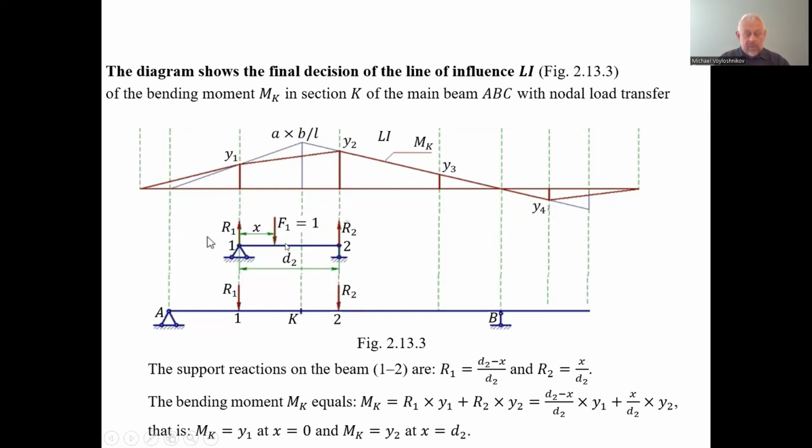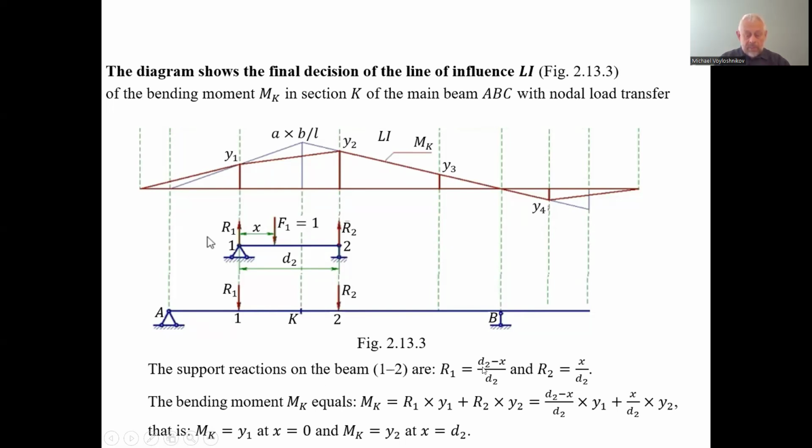So two forces act simultaneously, because this load simultaneously creates two forces R1 and R2. And we find that the moment on behalf of the force R2 is the product of R2 by the ordinate of the line of action on the main beam if we assume that the unit force would be in the point 2.